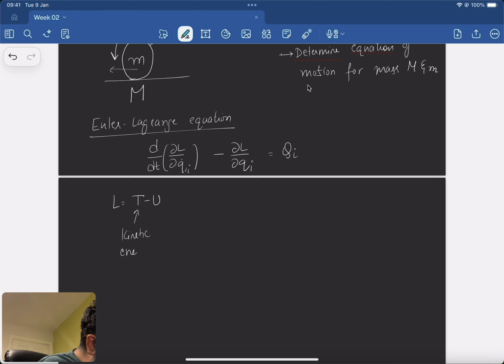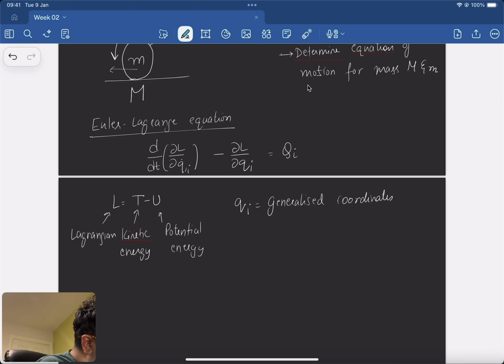Then qi are our generalized coordinates, and Qi are our generalized forces. We have not used generalized forces so far. In this problem, we'll try to use generalized forces as well, so that we are able to talk about some new concepts as we go on.